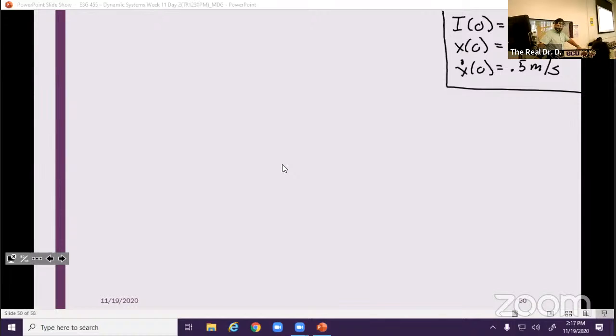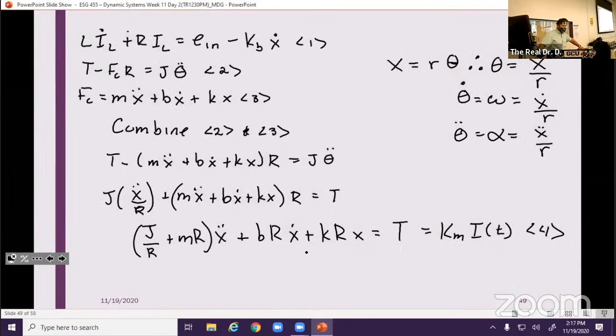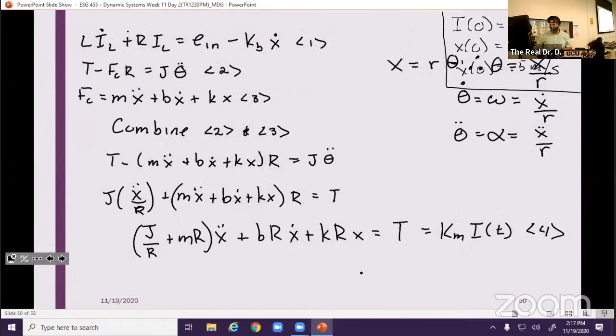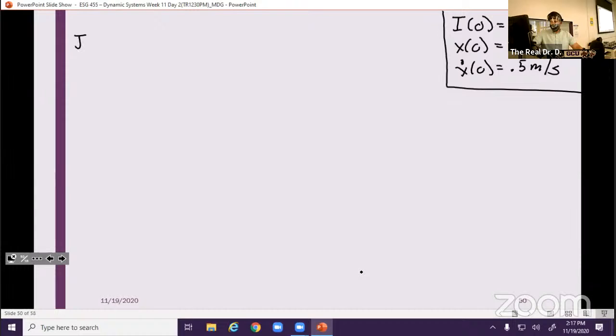So first thing we're going to do is take the Laplace transform of that equation 4 that we wrote down on the previous slide. So I'm going to take the Laplace transform of this, and now this is going to take us a second because I've got to work this out as we go. So I've got J over R plus M times R times, well, the first term was x double dot.